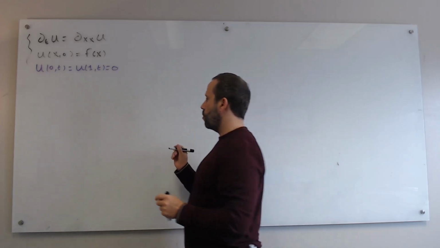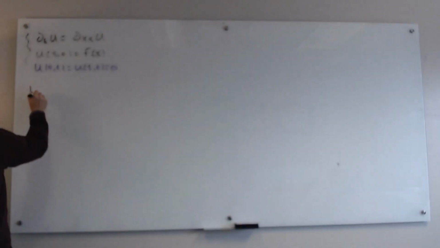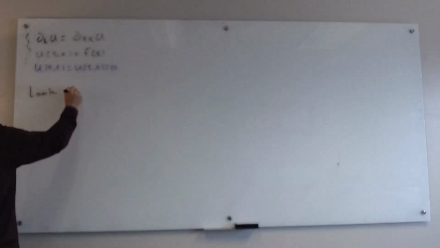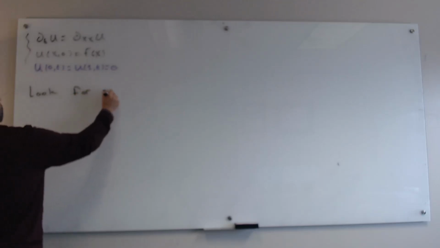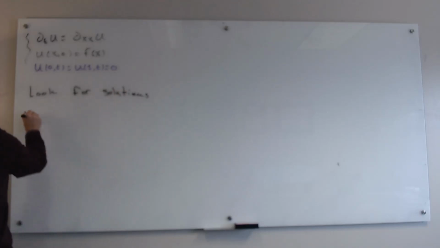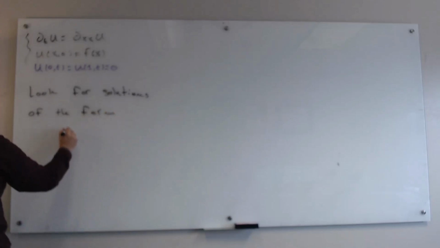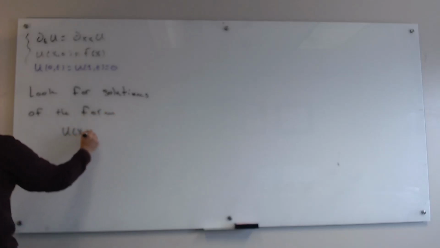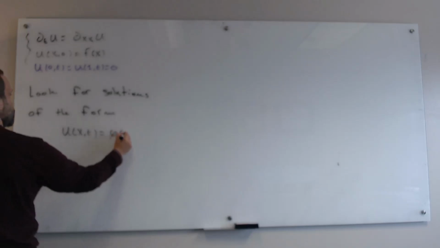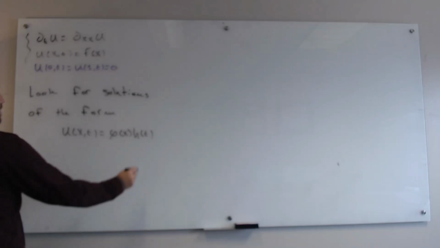So what we want to do is look for solutions of the form u of x, t is equal to some function phi of x times some function h of t.